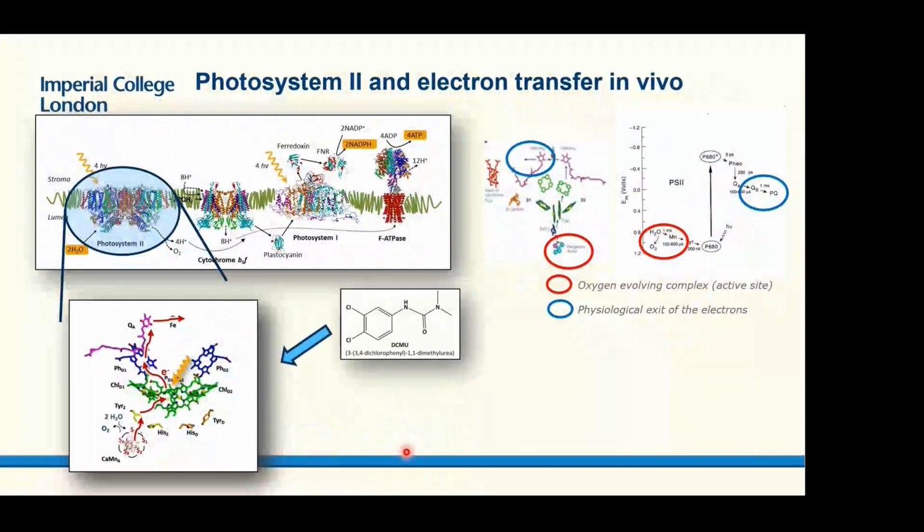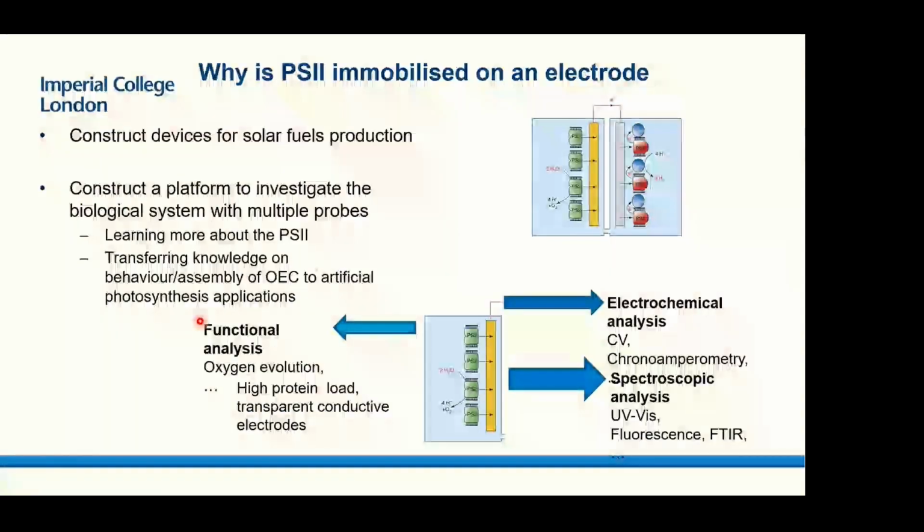You can also test where the electrons are coming from, because you can use herbicides that block the site of the mobile quinone, and so distinguish whether the electrons are coming from a mobile entity or directly from the species connected on the electrode surface.